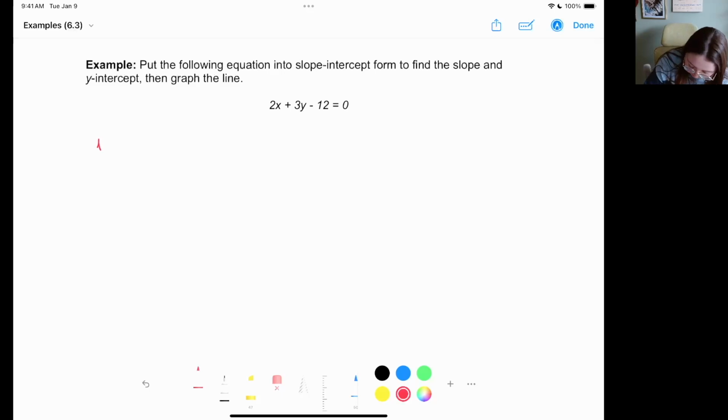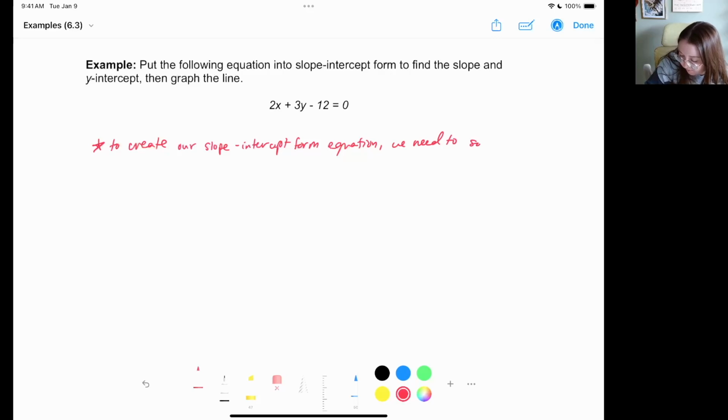So we can put a little note here to remind ourselves to create our slope-intercept form equation, we need to solve for y.